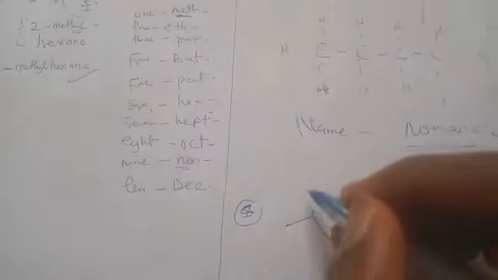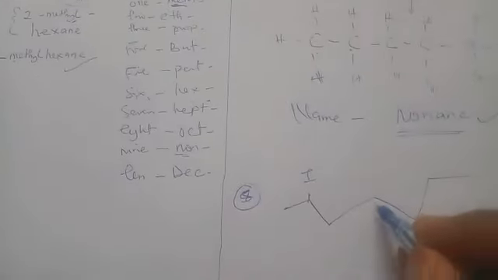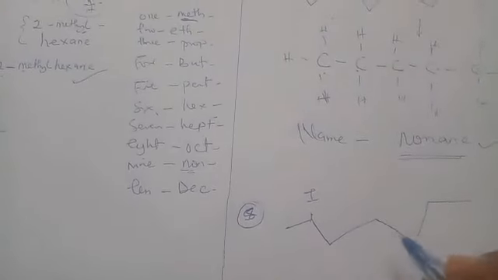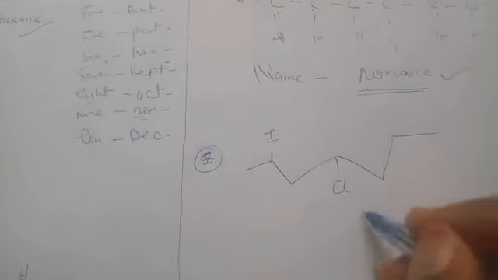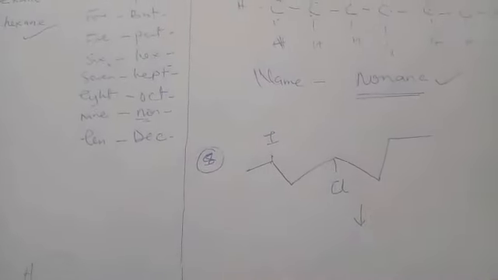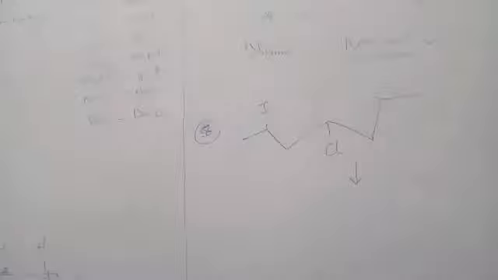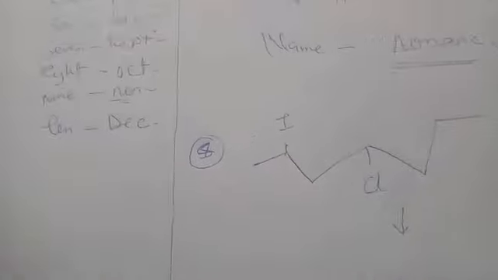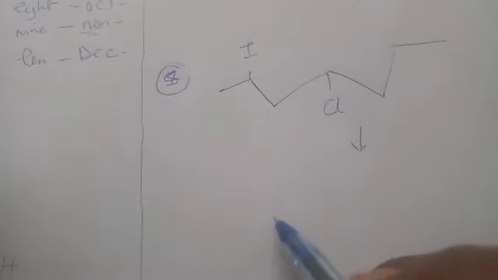Okay, so this iodine and chlorine are here. So you can expand this. I wanted you to do number 5, maybe nature wanted me to just do this one. You can still do it anyways. Okay, let's go on.